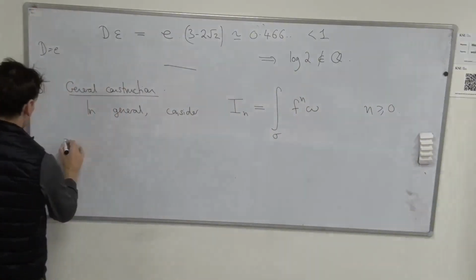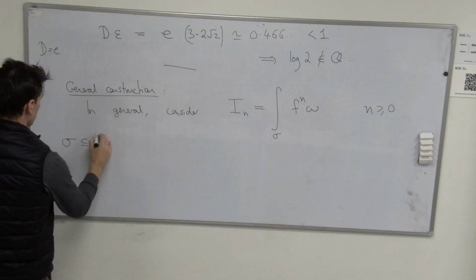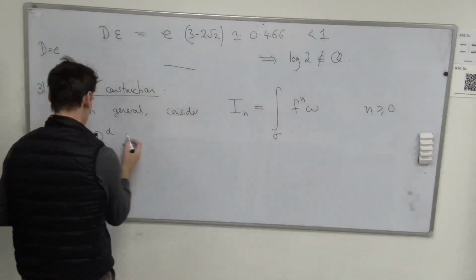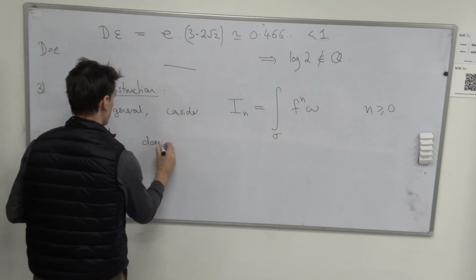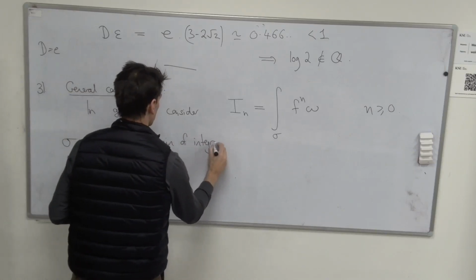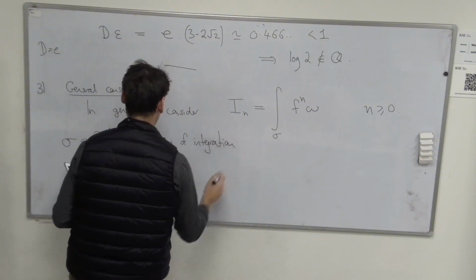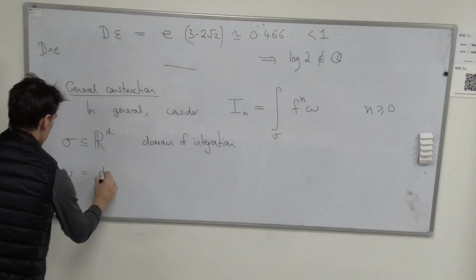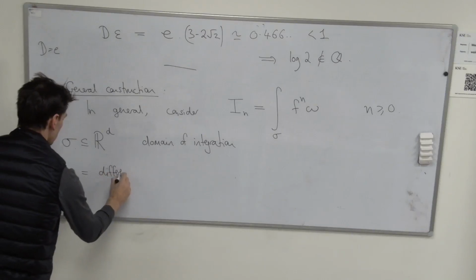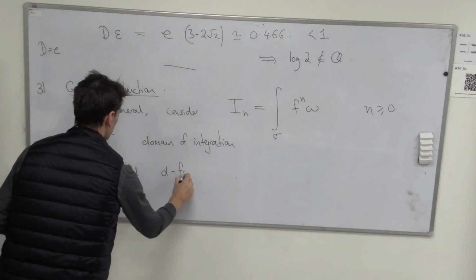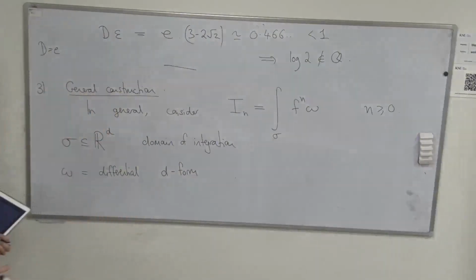So sigma typically will be some region in d-dimensional real space. It's the domain of integration. Omega is a differential d-form, typically algebraic in some sense.